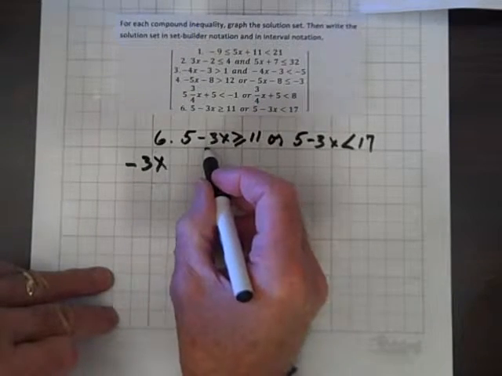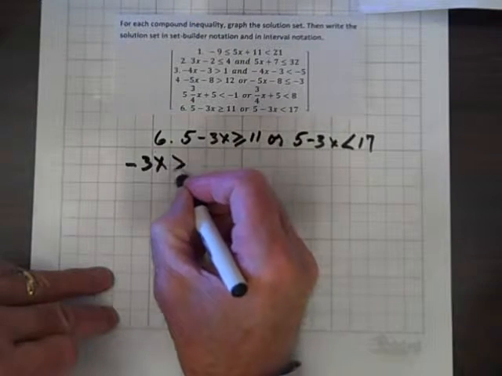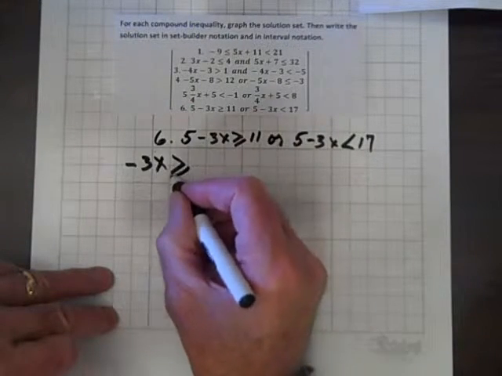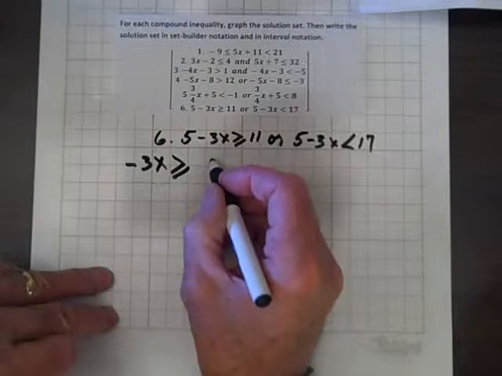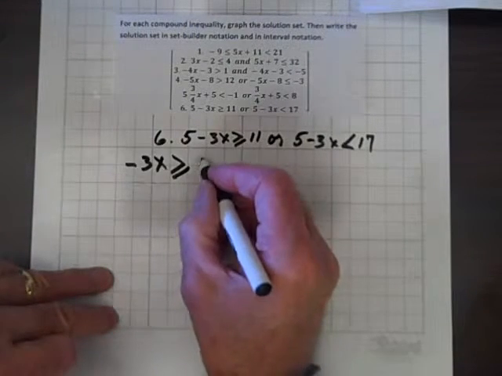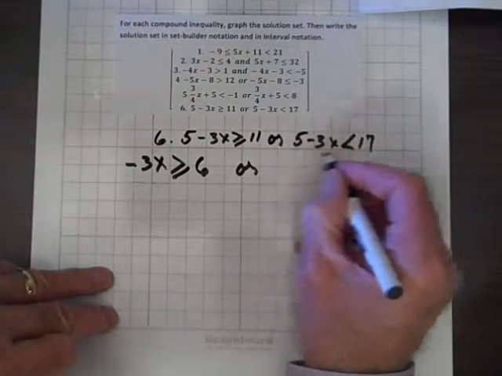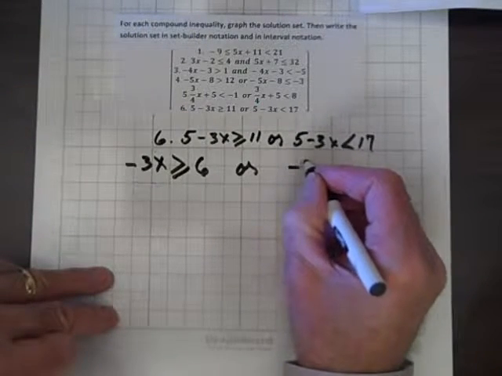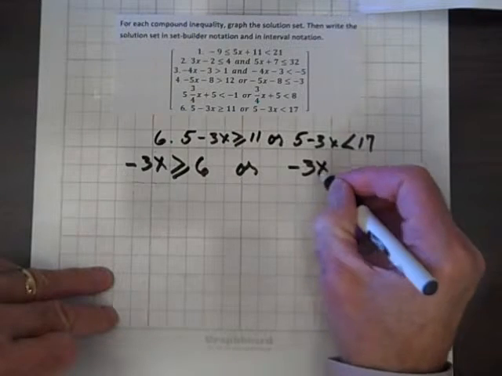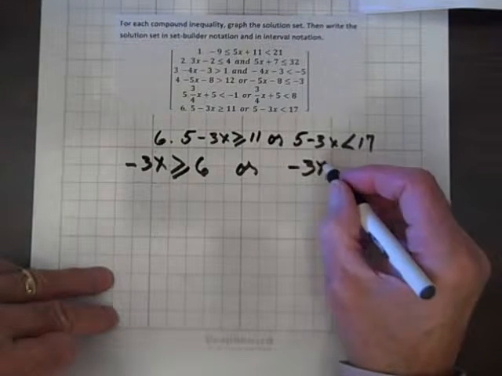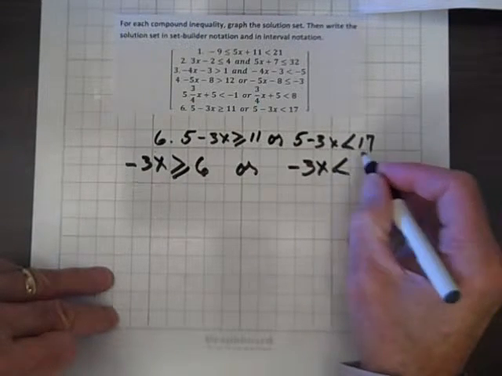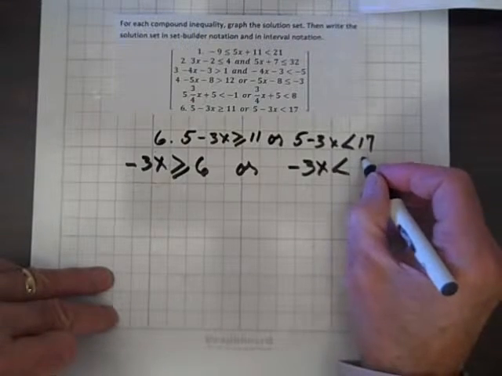So subtracting 5 from both sides, we have negative 3x is greater than or equal to, and 11 minus 5 is 6. Or, again, subtracting 5 from both sides, we have negative 3x is less than, and 17 minus 5 is 12.